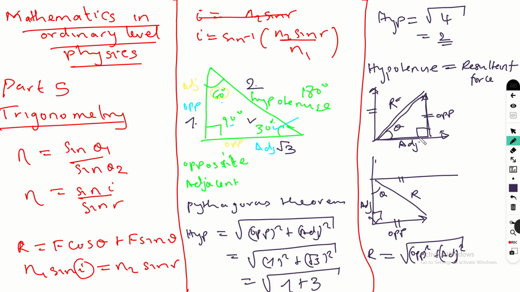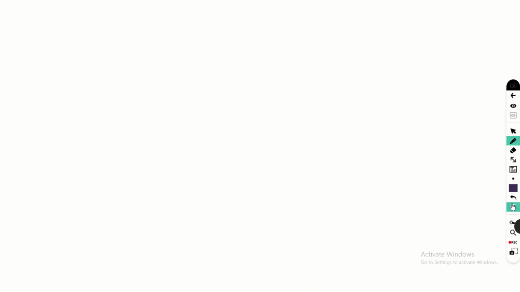Now, there are many cases that we can use to understand how to get the value of sine 30, sine 60, sine 90 without even using a calculator. Now, okay, let's look at that.